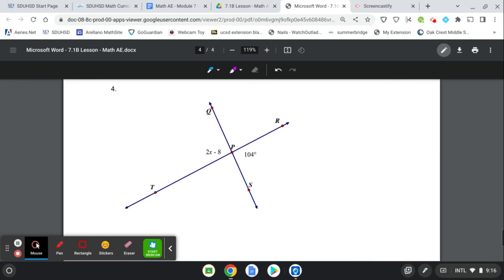Number 4, since the angles QPT and RPS are vertical, they're equal to each other. So 2x minus 8 will equal 104. You can rewrite subtraction as addition: 2x plus negative 8 equals 104.